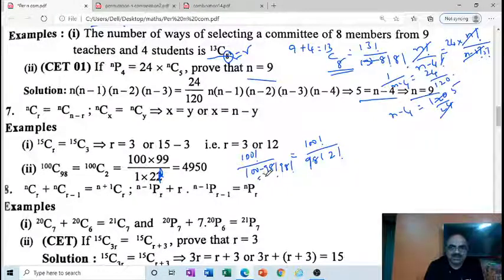Here you will get 2 into 98, or here you will get 98 into 2, one and the same. That's what I said, 100 into 99 by 1 into 2, 2 is extra here. 2 ones are 2, 2 fifties are 50, into 99 is 4950.